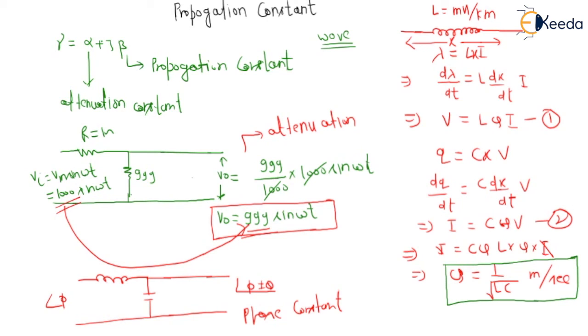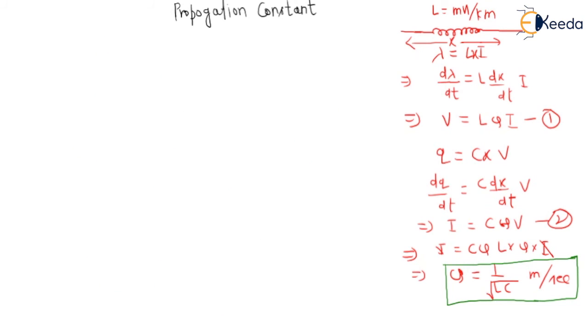Now we are going to find the velocity in terms of mu and epsilon. We know that the L value is mu upon 2 pi ln d by r dash, and this is equation number 3, and C is equal to 2 pi epsilon upon ln d by r, and this is equation number 4.